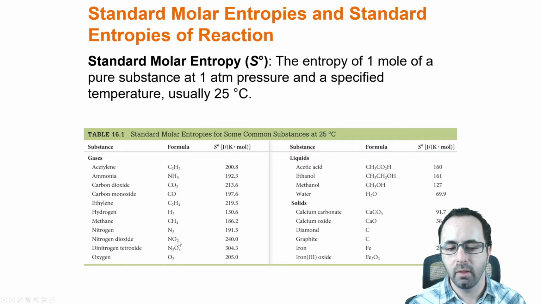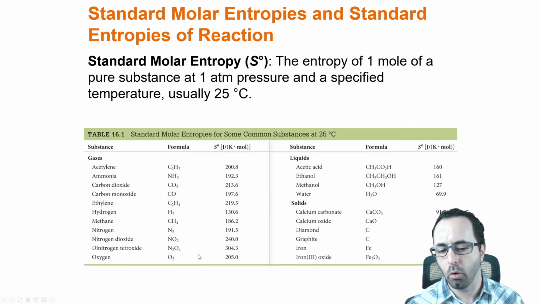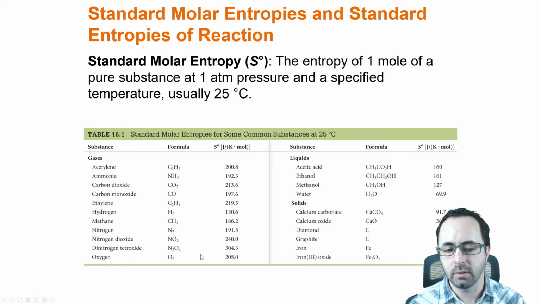We had their standard entropies right here, 240 for nitrogen dioxide, 304.3 for dinitrogen tetroxide. And one other thing too is you'll notice that bigger molecules have greater standard entropy because there's more possible orientations and movements of the atoms. So we can see that dinitrogen tetroxide has a greater standard entropy than NO2 just because it has more atoms in it, basically.